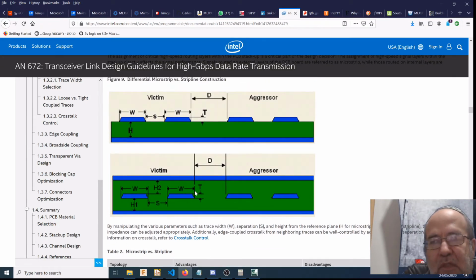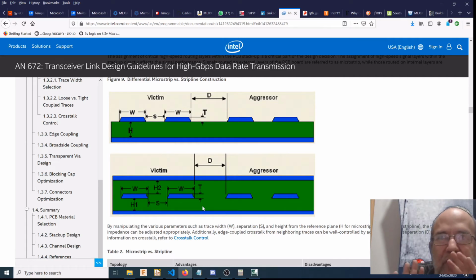Once again, one can go into changing these parameters and changing how much crosstalk one has, whether the crosstalk is between two single lines or two differential lines.